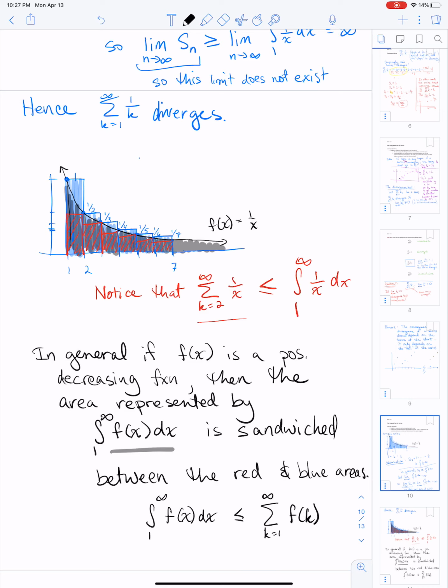Note I'm still using f of k: if k is 1, 2, 3, 4, then f of 1 is just the height of the curve at 1, and f of 2 is the height of the curve at 2, in this case 1/2. But this works in principle for any f. And this is the blue area here, and the improper integral is greater than the sum.